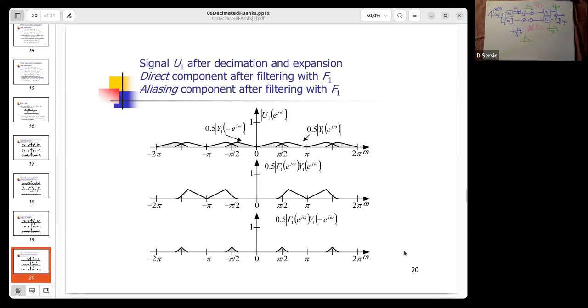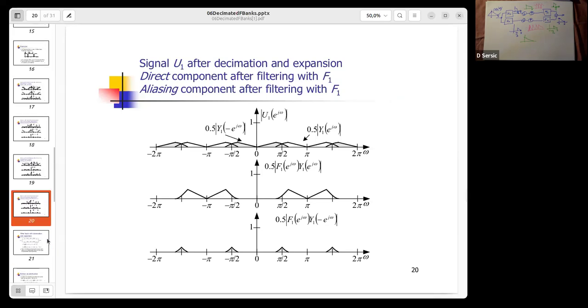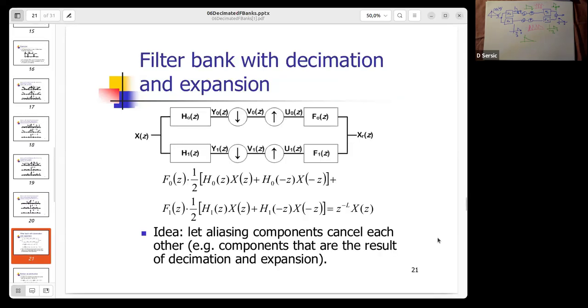We can live with a little mistake of such a filter. But engineers are engineers. They are never satisfied. They always try to do something better.